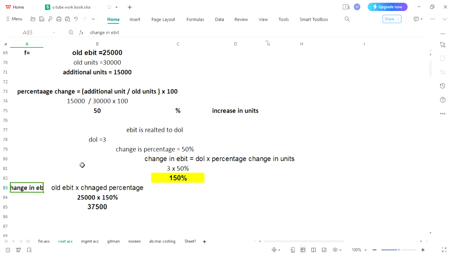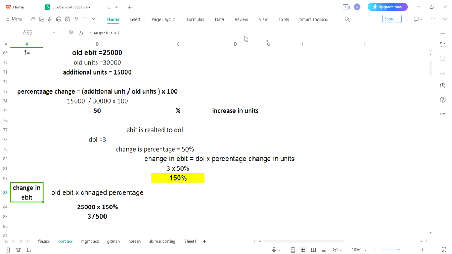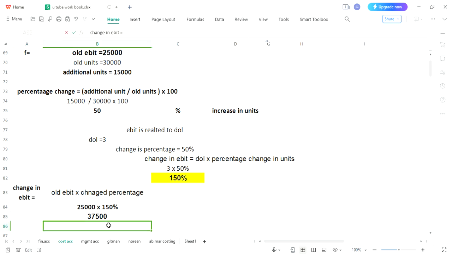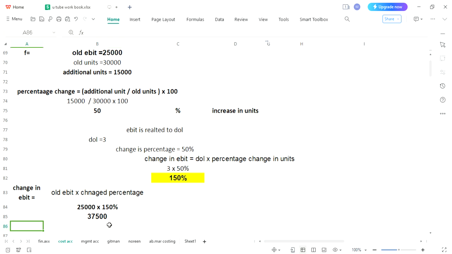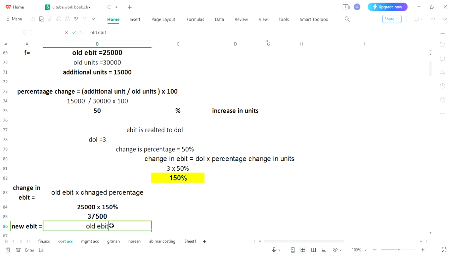Let's wrap it down. Written work is so important. Without writing, I'm not satisfied. So change in EBIT would be 37,500. Finally, new EBIT, how will you calculate it? Old EBIT, and then you will see what change in EBIT is coming.